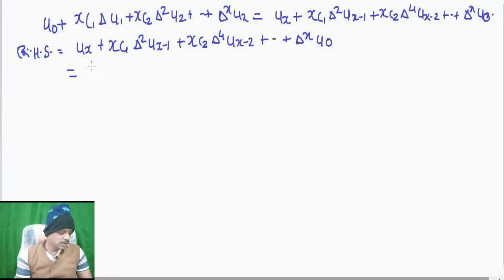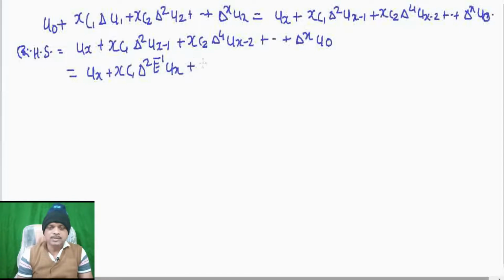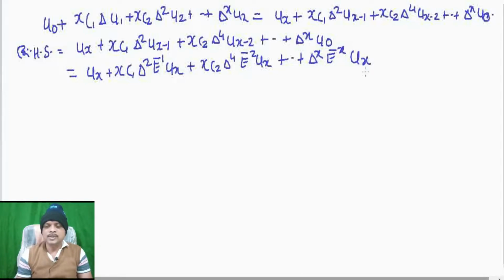We write it as ux plus xc1 into delta square into e inverse ux plus xc2 delta raised to 4 e raised to minus 2 into ux plus delta raised to x into e raised to minus x into ux. So x minus x will be 0.